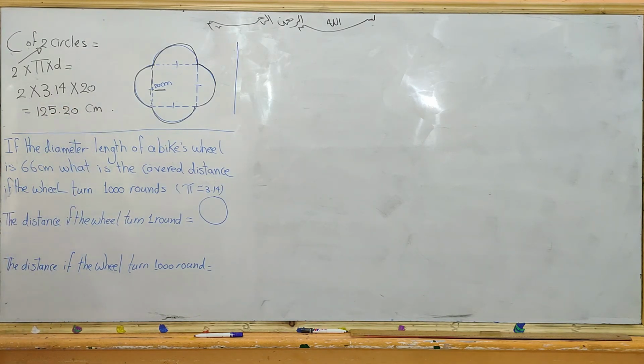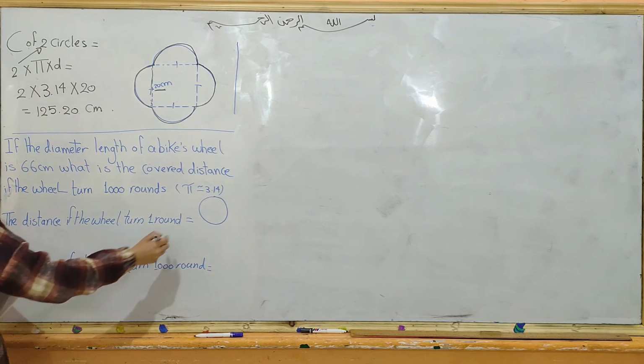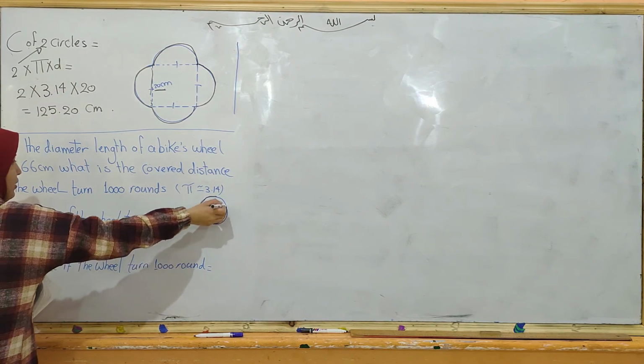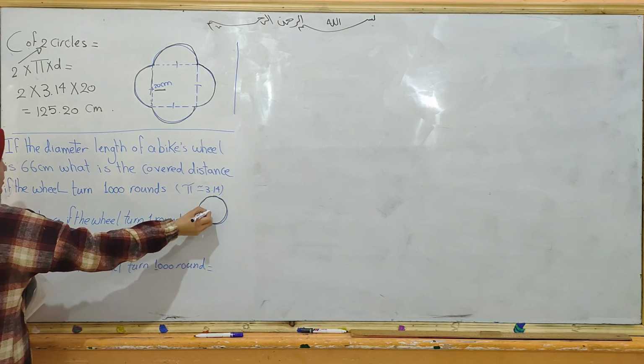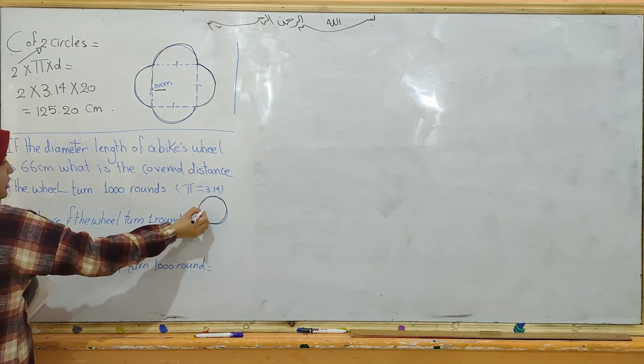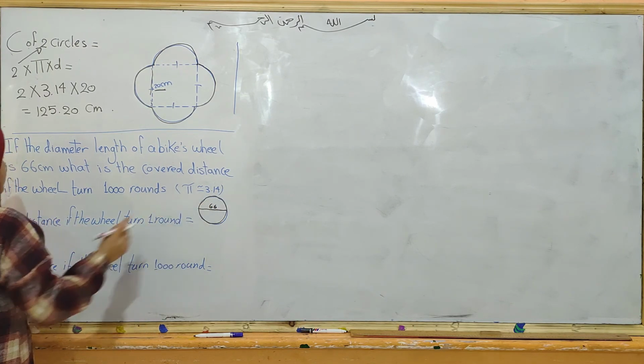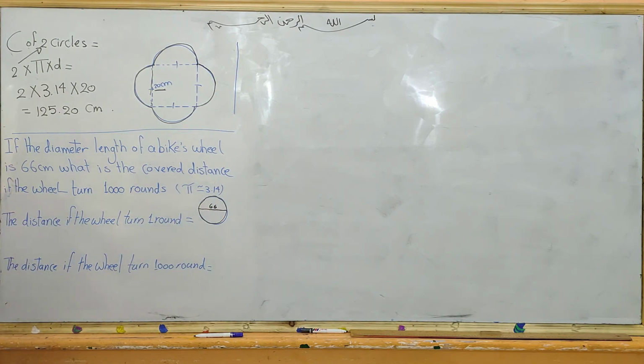Example: if the diameter length of a bike's wheel is 66 centimeters, we have a bike whose wheel is a circle, its diameter length is 66 centimeters. What is the covered distance if the wheel turns 1000 rounds? Pi is approximately 3.14.